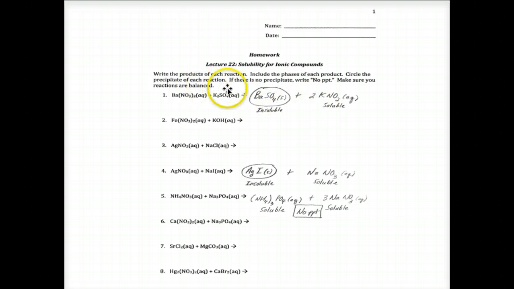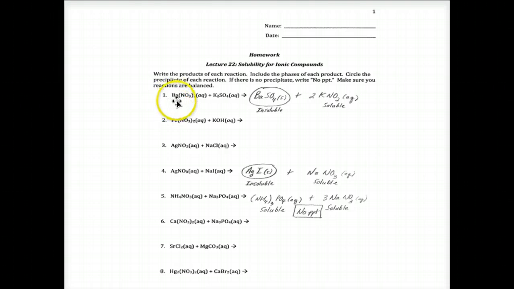Circle the precipitate of each reaction. In other words, the precipitate is the compound that's insoluble of the 2 products, or both of them possibly, or neither of the 2. If there is no precipitate, write no precipitate. Here's an example down here, we'll get to it in just a second, where both of the products that are formed are soluble compounds. Make sure your reactions are balanced.